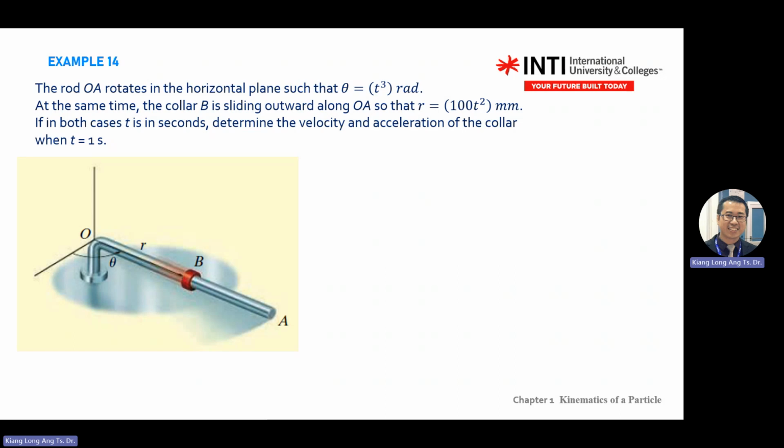This question also, don't panic. You need to focus on what you need to focus on. In this case, is it rod OA or the red color collar? The red color collar. So go to the red color collar and draw a curve.